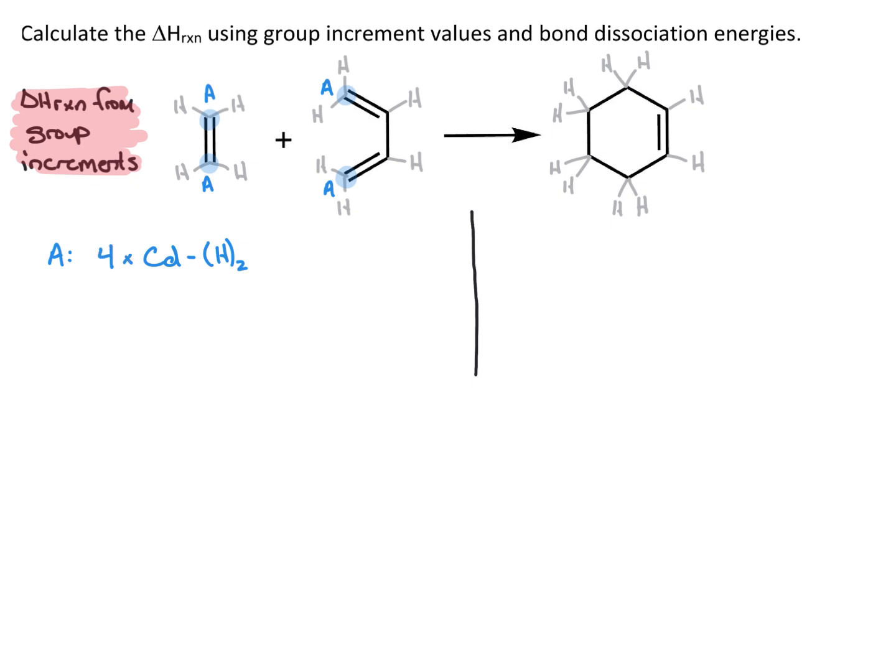Okay, now let's look at our second type. These two, and they're identical. So we're going to label this as B. All right, how do we classify these? These are also double bonded carbons, CD. There's two of those.